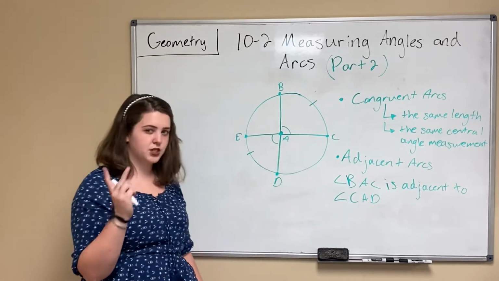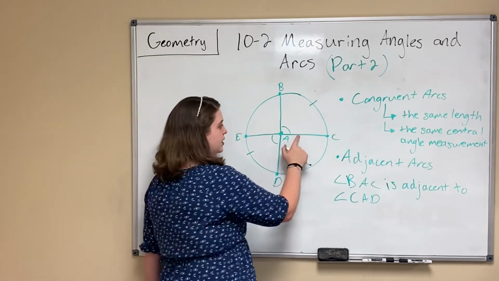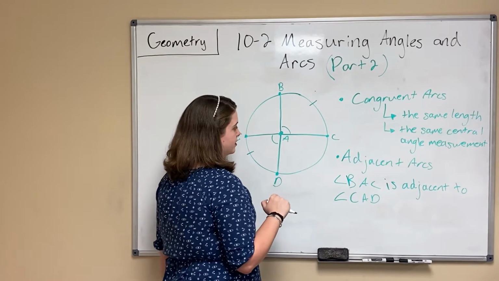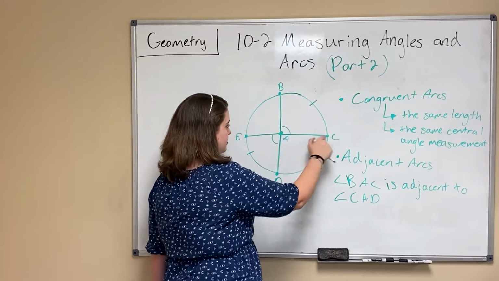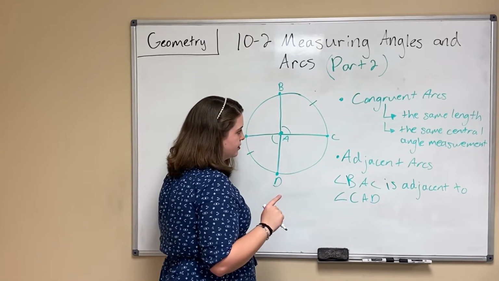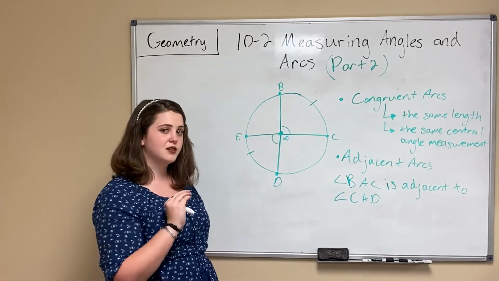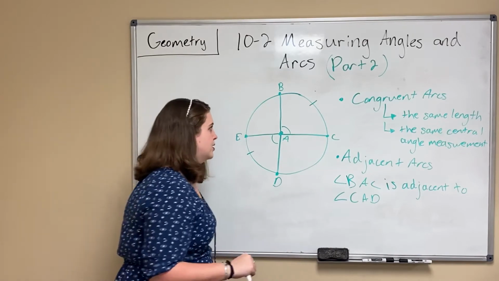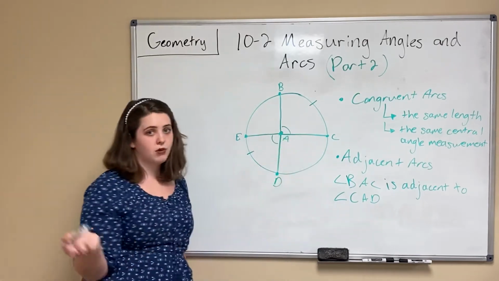Remember when we have two adjacent angles, what we know is that they share a side. BAC, CAD, they're these segments that are right next to each other. What we know about adjacent arcs is the same as what we know about adjacent angles.